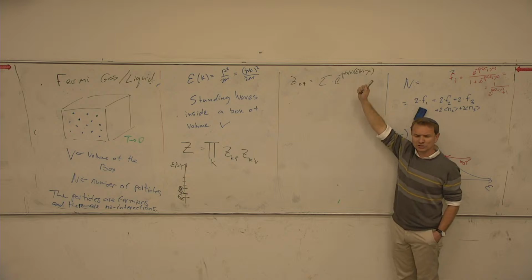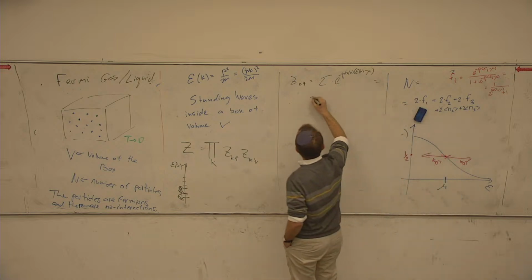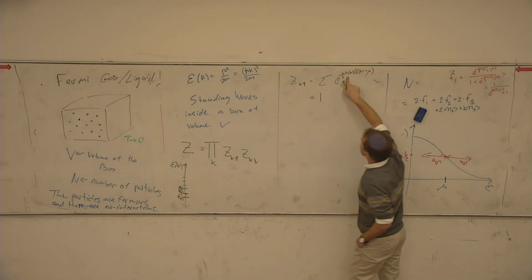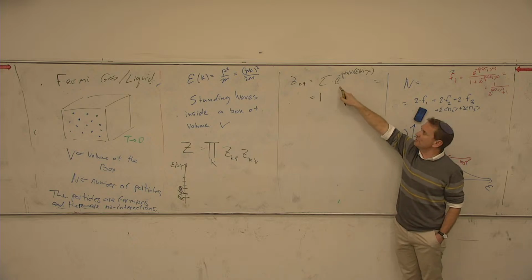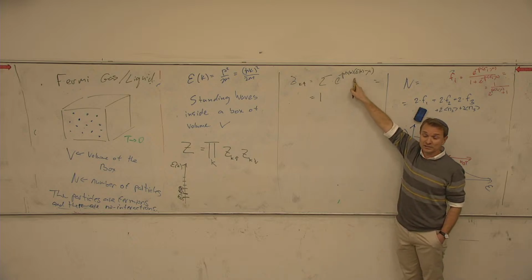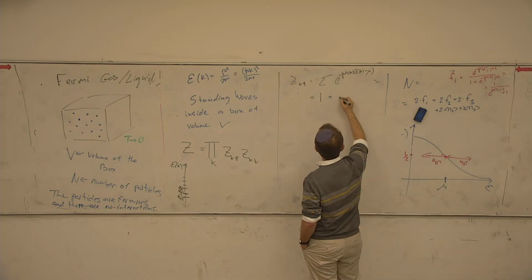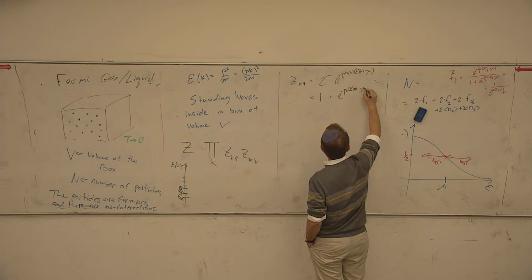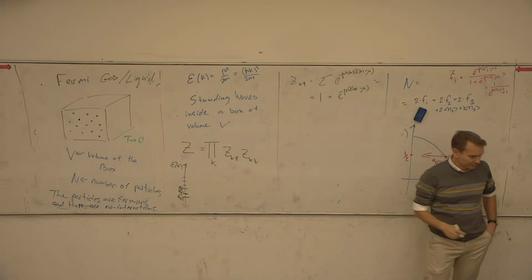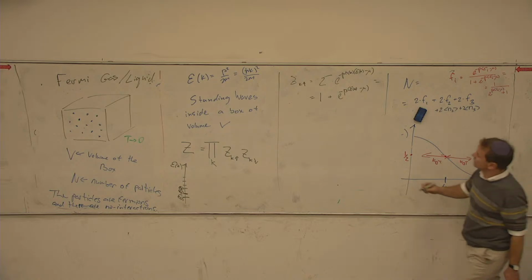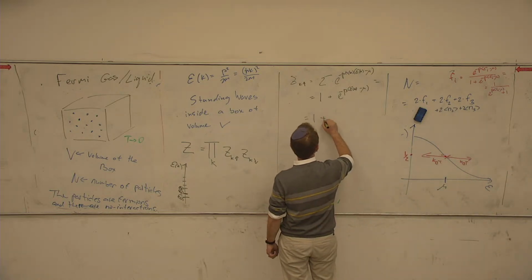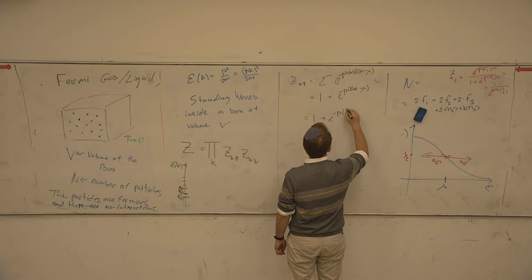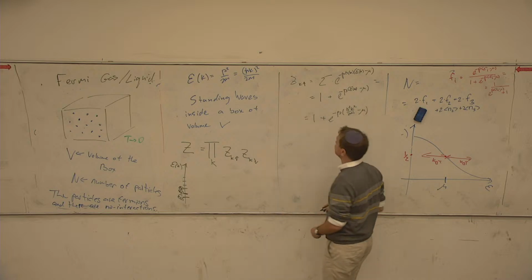I'm sorry, it's not a state, but the level. So it's either 0 or 1. When n_k equals 0, I have e to the power 0, which is 1, plus e to the power minus beta (epsilon of k minus mu). So I can write it as 1 plus e to the minus beta (h bar squared k squared divided by 2m minus mu).